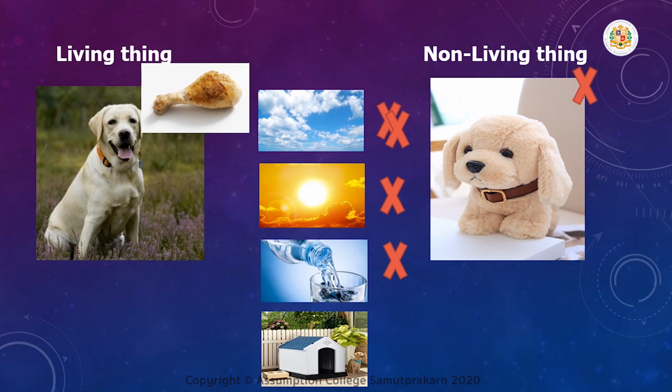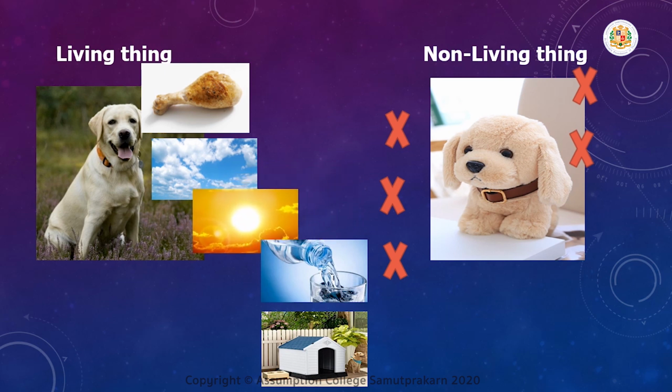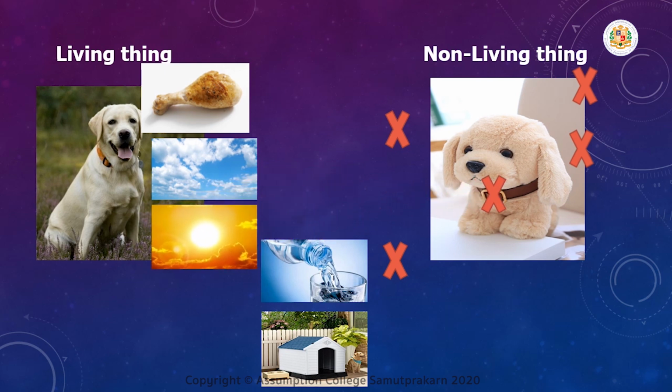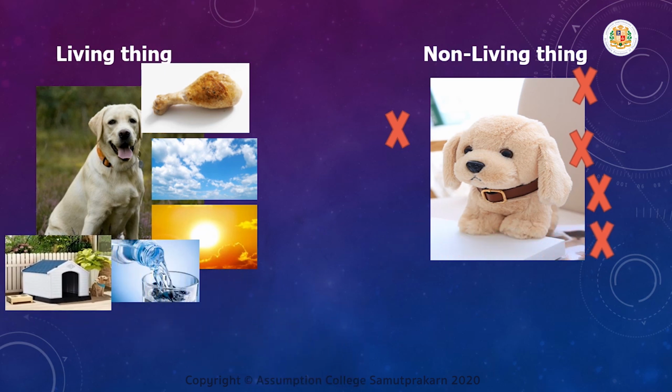Does this dog need air? Which dog needs air? Of course, the living dog needs air, but the non-living dog does not need air. The living dog needs sunlight, but the non-living dog does not need sunlight. The living dog needs water, but the non-living dog does not need water. The living dog needs a shelter or a house to live, and the non-living dog does not need a house to live. Alright, this is the difference.